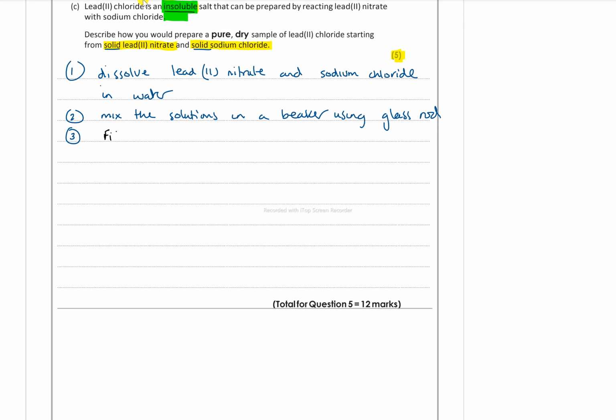Then you filter off the precipitate, so get rid of the liquid part, the solution, and then you wash off the residue with distilled water or deionized water. Distilled, I like to use the word distilled, it's stuck in my head.